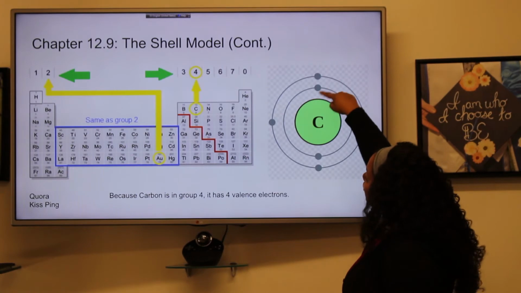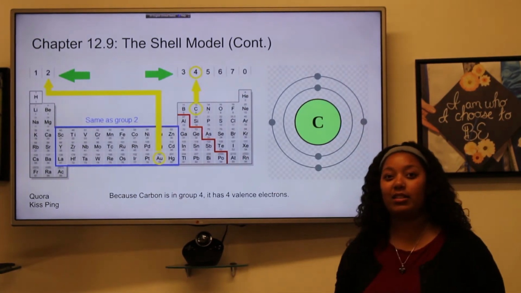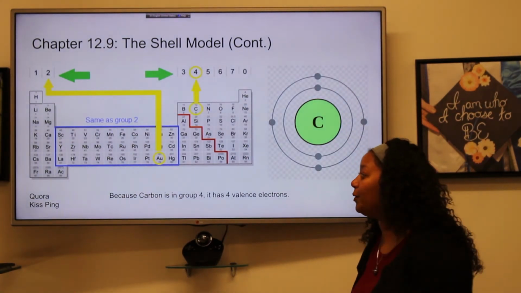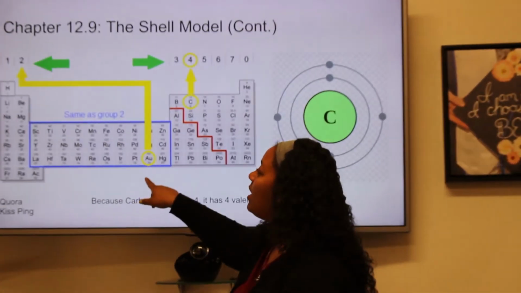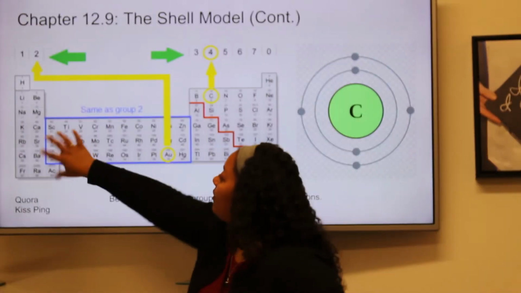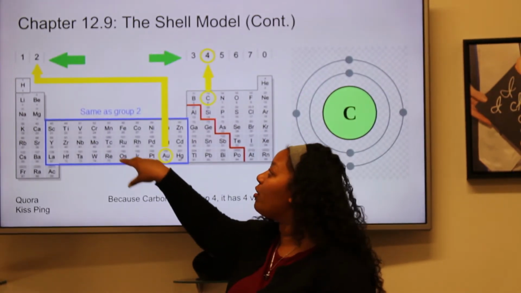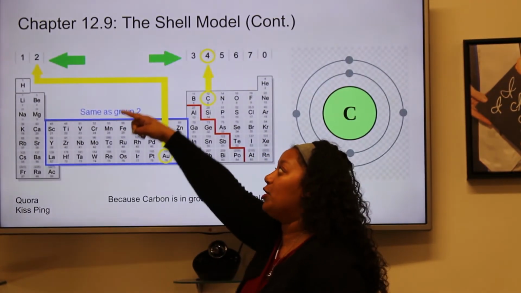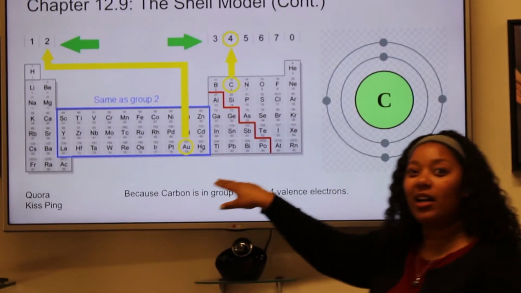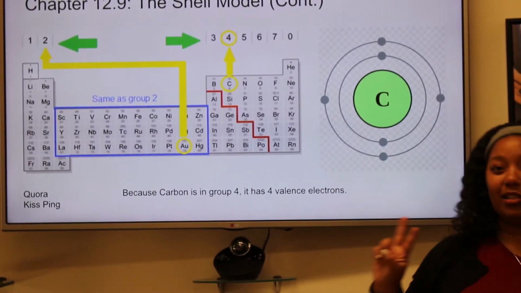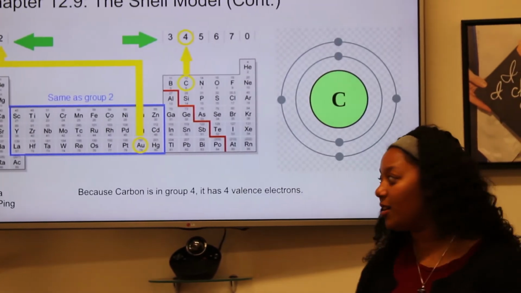And on the inner shell, you can see that there are 2 because the first shell can only hold 2 electrons. And for example, here we have gold as Au, and this whole section of the metals are going to be the same as group 2. So because all of these are in group 2, they will all, in their valence shell, only carry 2 electrons.